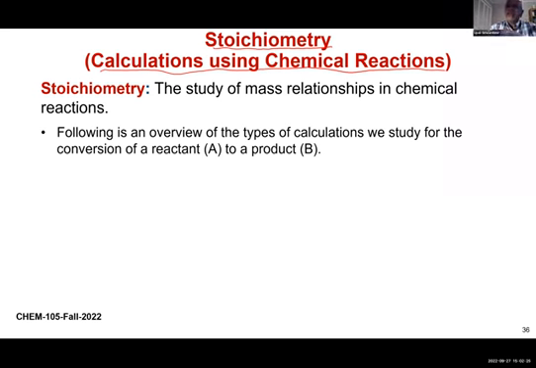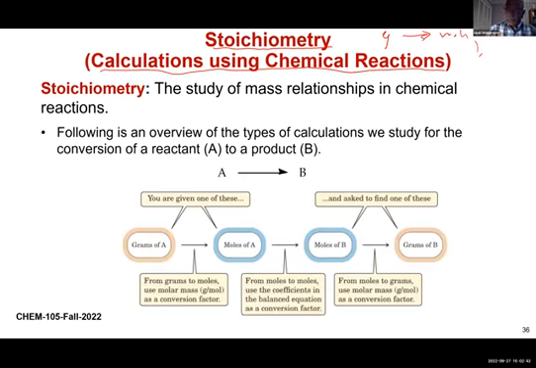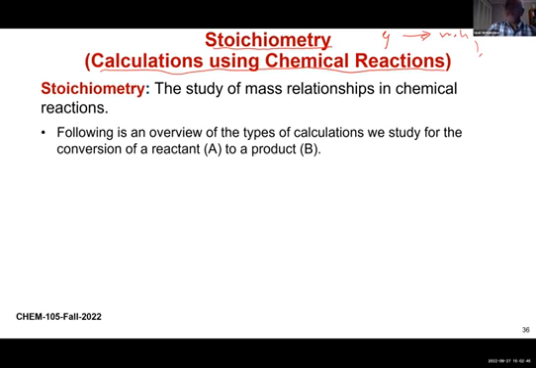What we calculate is, you start with grams of reactants, convert them to moles, then convert to moles of products. Let me not get bogged down there. So chemical calculation using a chemical reaction is called stoichiometry.